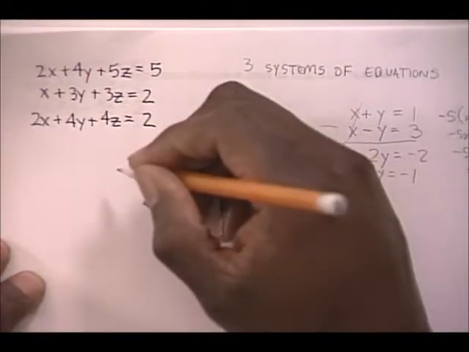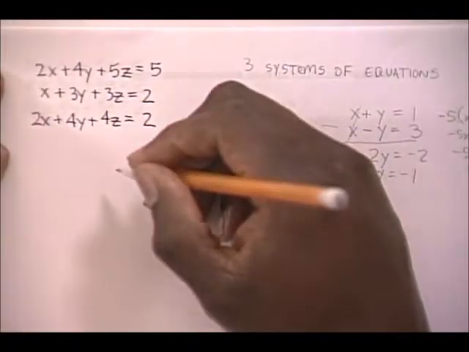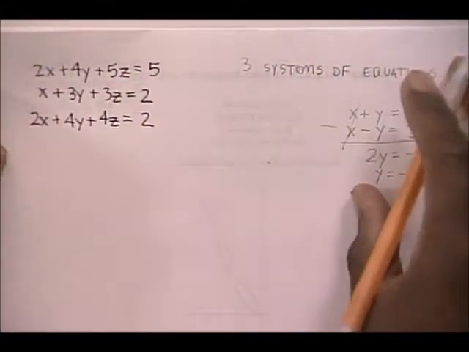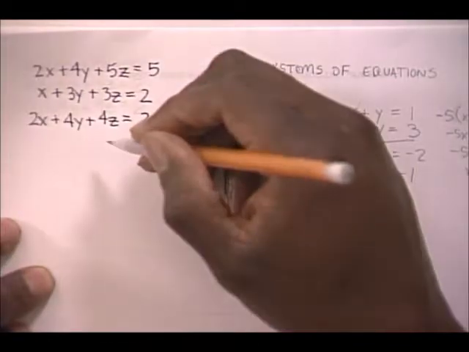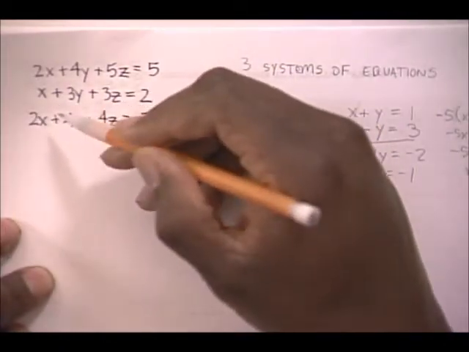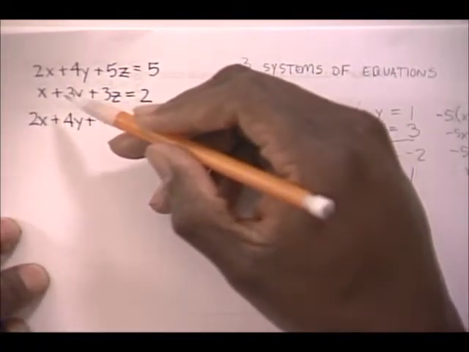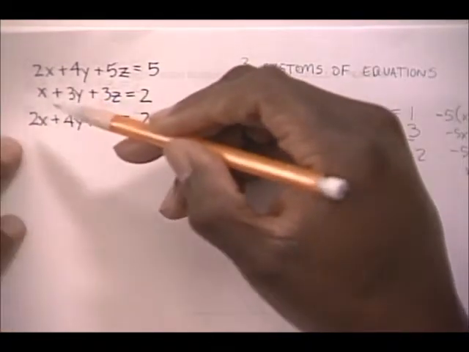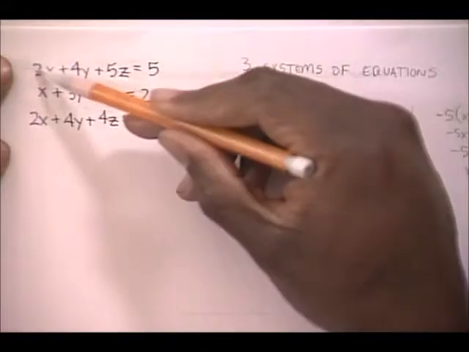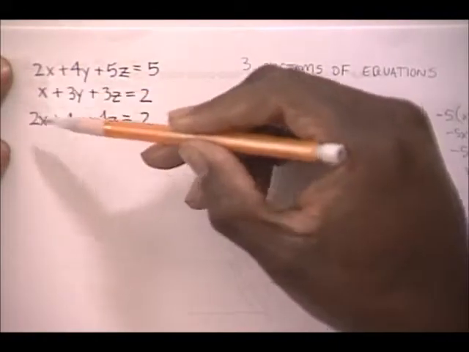All right, so what we're going to do here is we're going to try to solve this same problem in a number of different ways. All right, so what we're going to do is we want to eliminate the x's. For this particular problem, I'm going to eliminate the x's. All right, why am I choosing to eliminate the x's? Because here I see a 2, and here I see a 2.